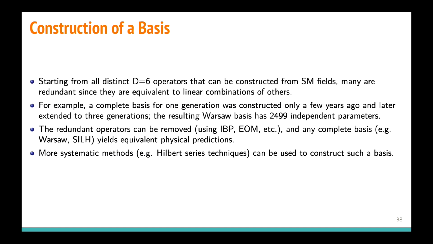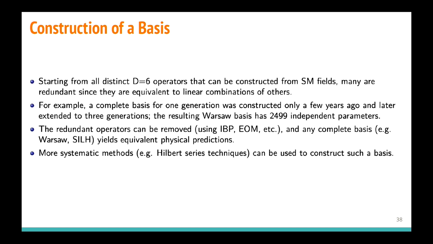The construction of a basis I already explained through an example. Starting from all distinct dimension 6 operators, these could be constructed from all the standard model fields. Many of these become redundant because they are linear combinations of each other. A complete basis of one generation was constructed just some years ago, and then it was modified to 3 generations, and in the Warsaw basis there are 2499 operators.